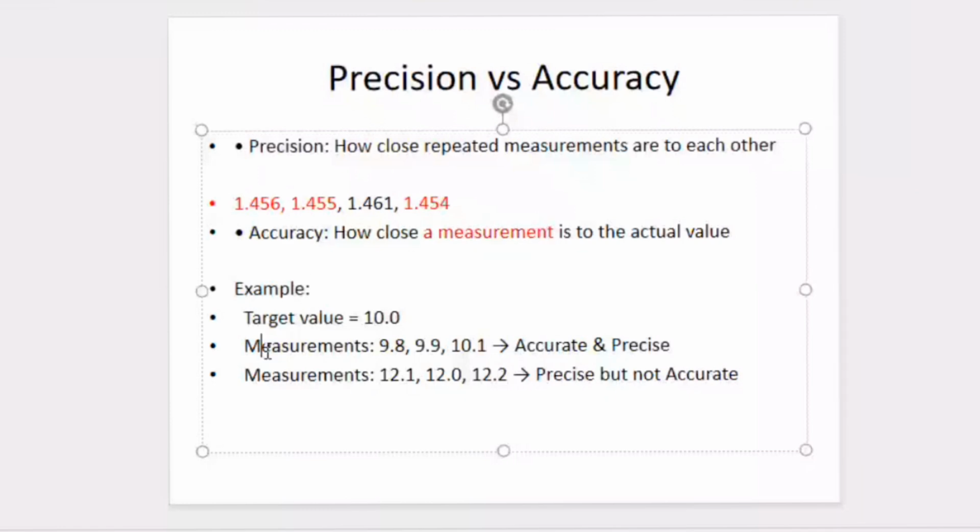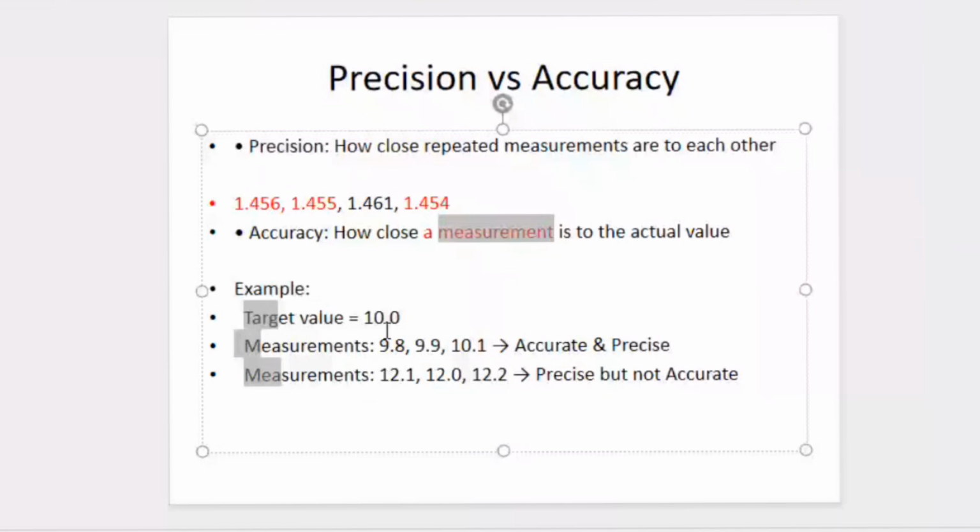You shot your second arrow and it got to the next one here. Then your third arrow also got to this point here. Your shots were precise, but they are not accurate because the real target was here. For them to be accurate, they need to be close to the real target.